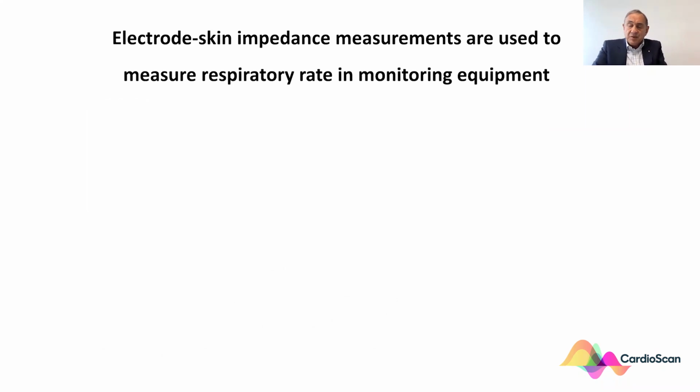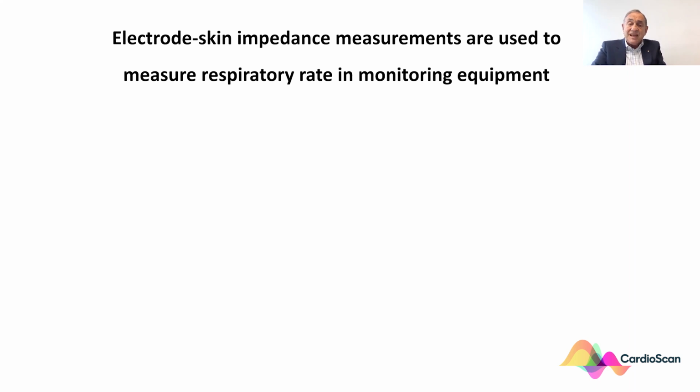Another more serious issue can be if the patient is documented as having ventricular tachycardia. Today, electrode skin impedance measurements are used to measure respiratory rate in monitoring equipment. When you look at equipment, you can see that it gives you a figure for the respiratory rate.